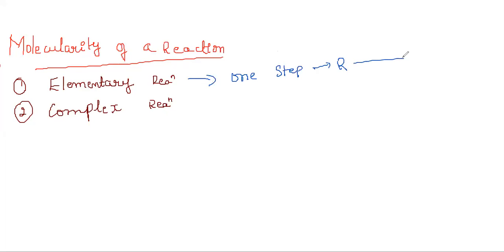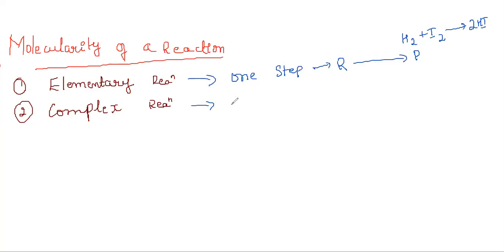So they are said to be elementary reactions which happen in only one step. Okay, so for example, if you take H2 plus I2 giving 2HI, it is a one step reaction. Okay. So theoretically and experimentally, the rate equation is going to be the same here. The rate equation remains the same.